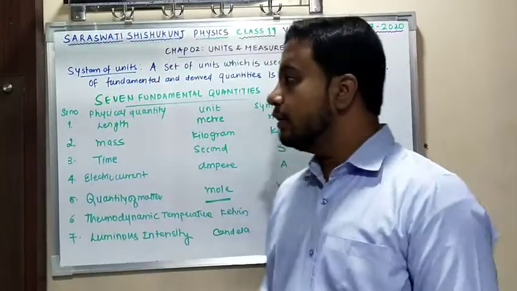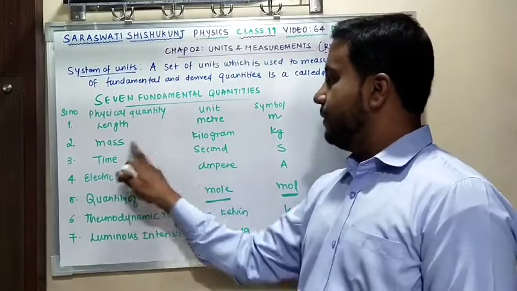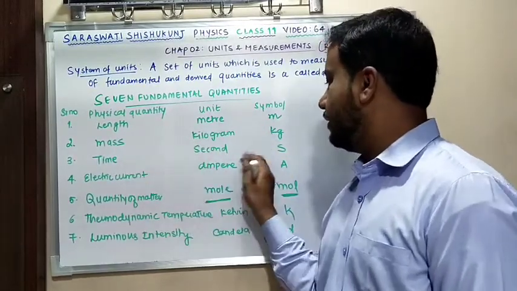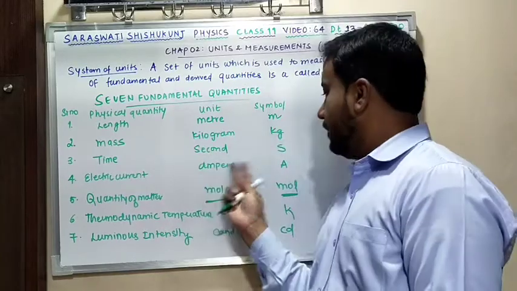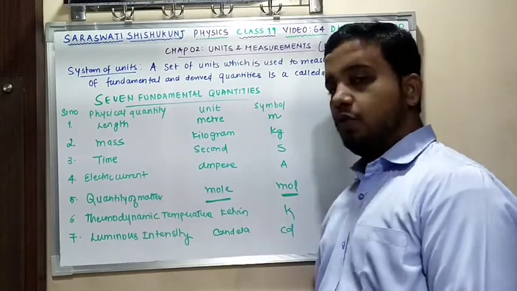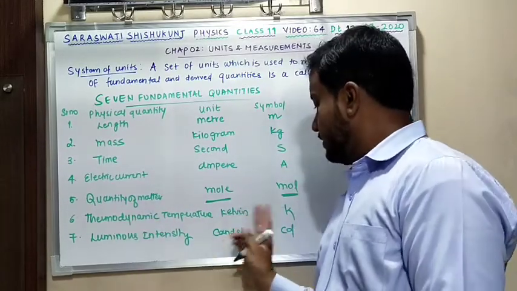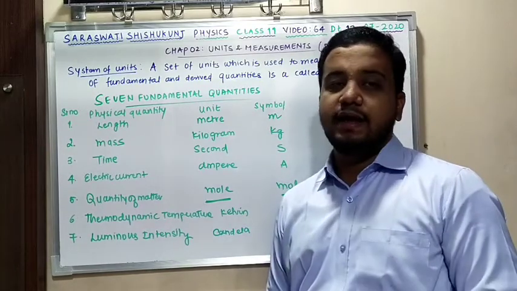Clear? 7 physical quantities: length, meter, m; mass, kilogram, kg; time, second, s; electric current, ampere, A; amount of substance, mole, mol; thermodynamic temperature, Kelvin, K; and luminous intensity, candela, cd.